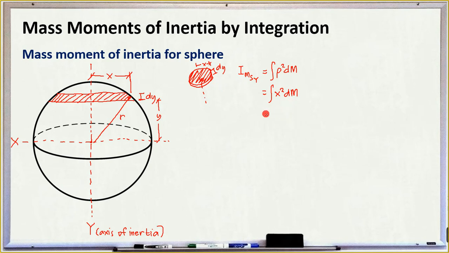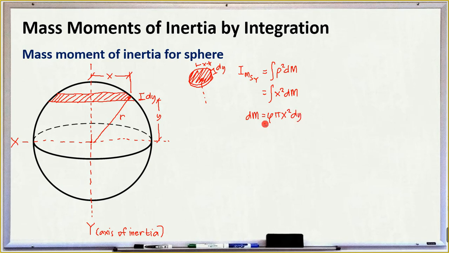So the mass here, dm, is equal to the density times the area of this cylinder. The cross-sectional area of the cylinder is pi, and its radius is represented by x, not this r, because this r is the radius of the sphere. So we have pi x squared, then its height, which is dy.